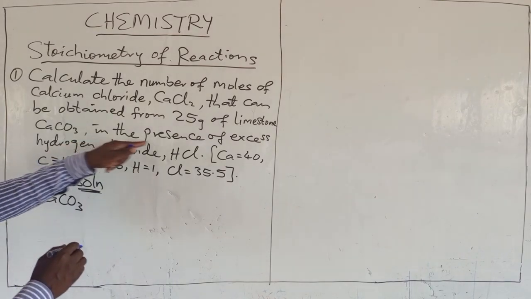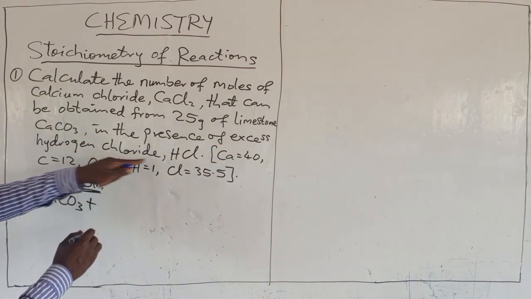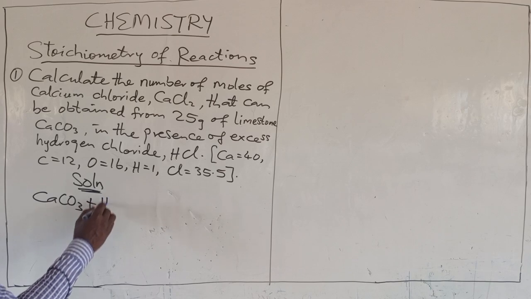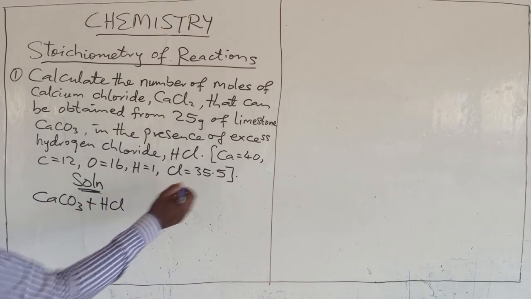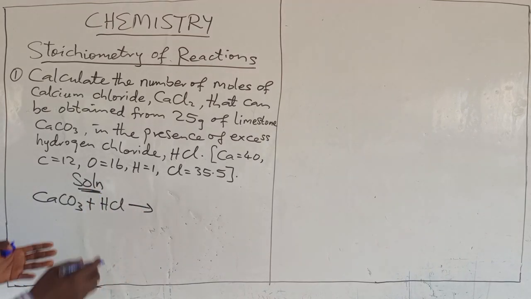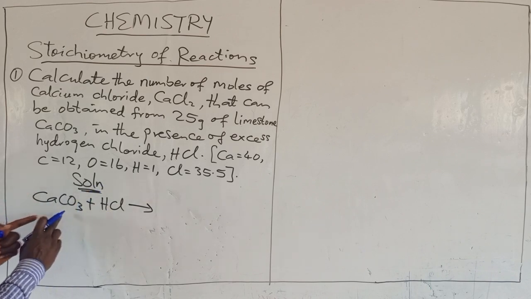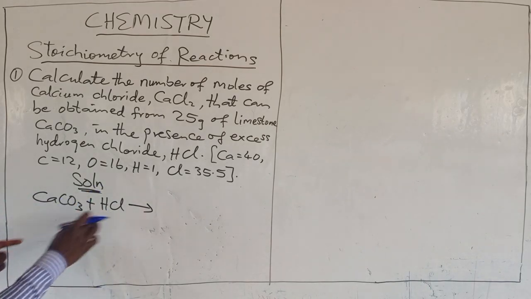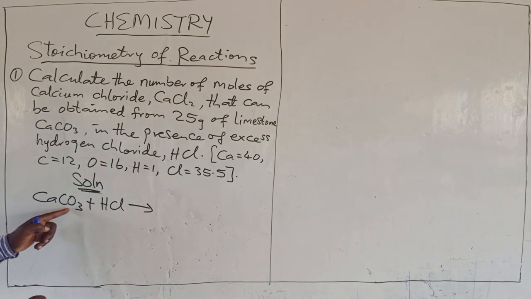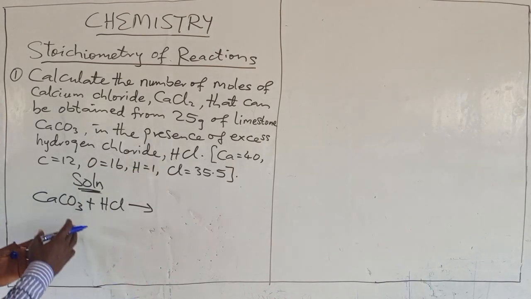CaCO3, in the presence of excess HCl, so HCl is reacted with CaCO3. Now, when that is done, what will be the outcome? Remember this is a carbonate. You were taught that when an acid reacts with a carbonate, CO2 will be formed, salt will be formed, and water will be formed.